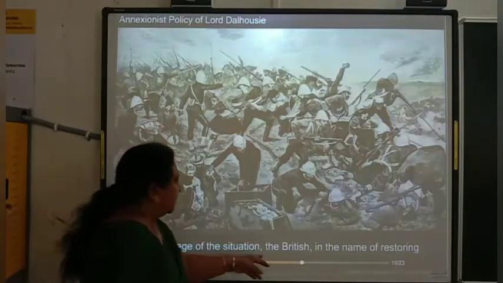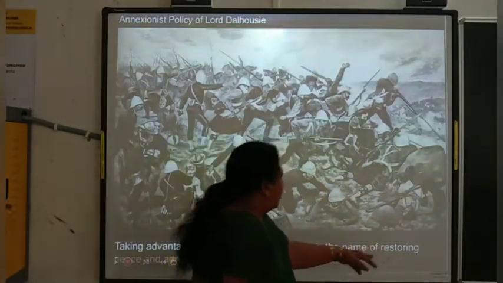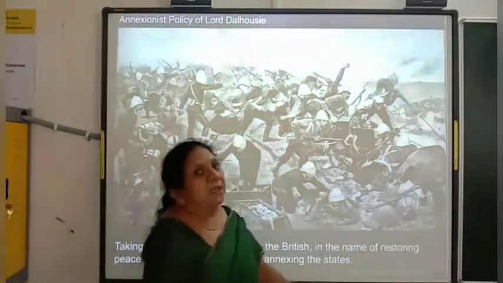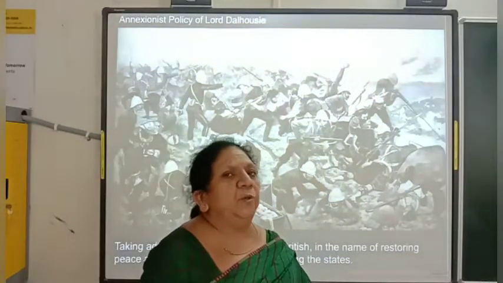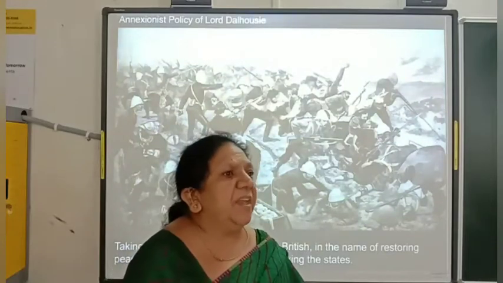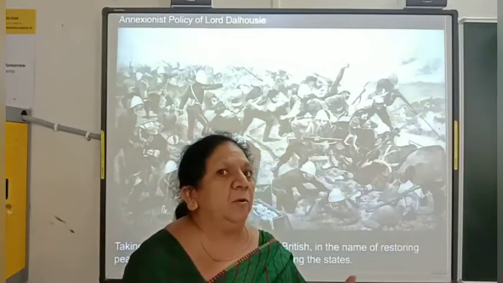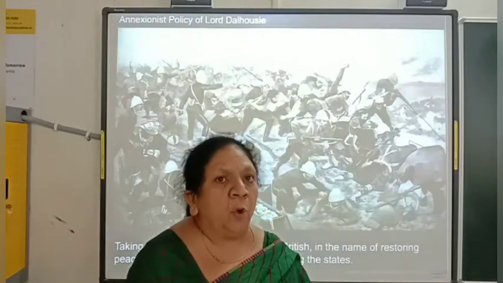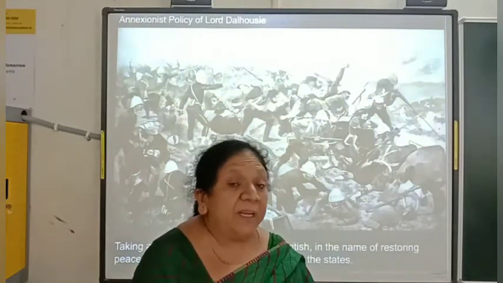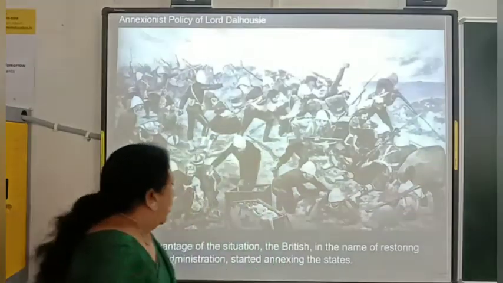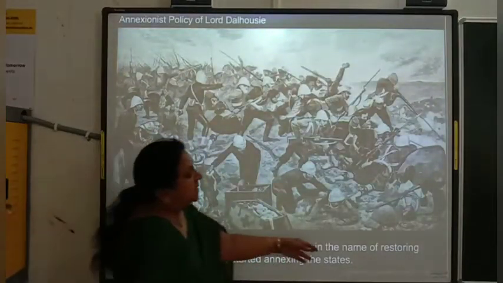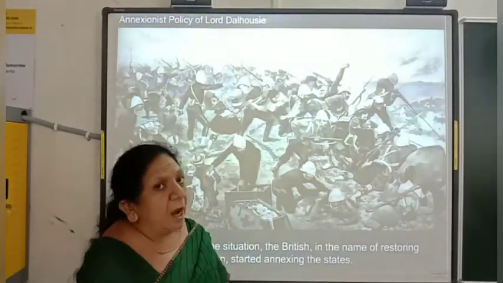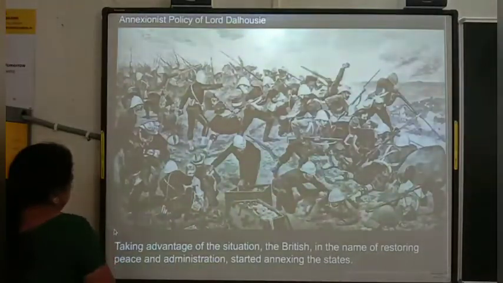Taking advantage of the situation, the British, in the name of restoring peace and administration, started annexing the states. See, what did they do? See the mind of the Britishers. They came to know that the king rulers now have no fear, and they took advantage of that.